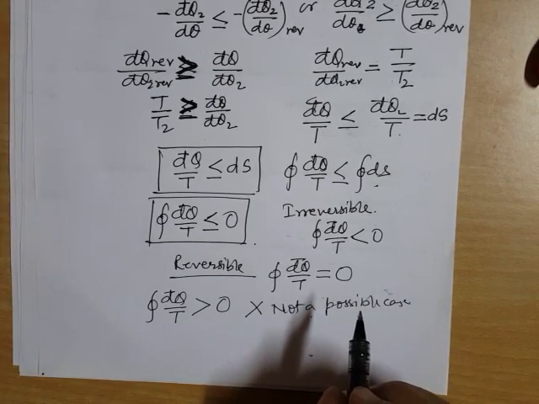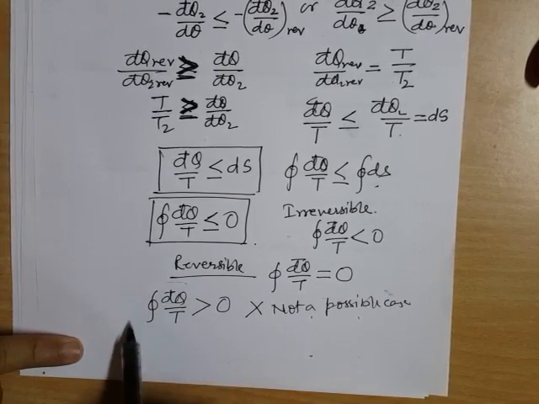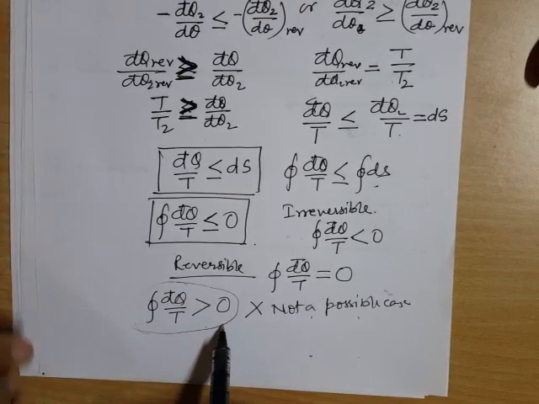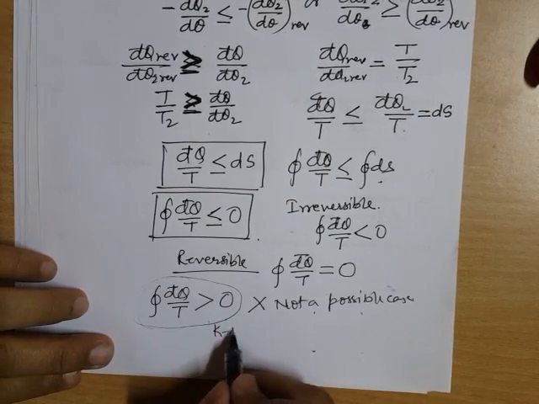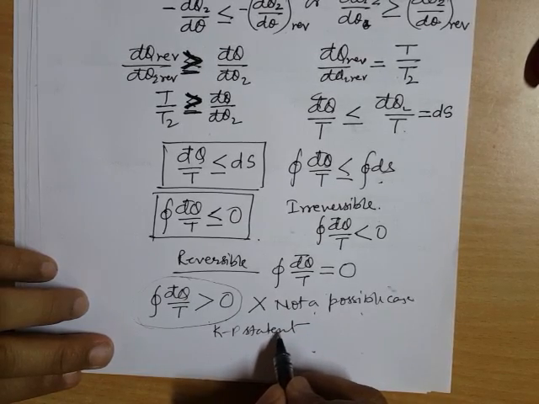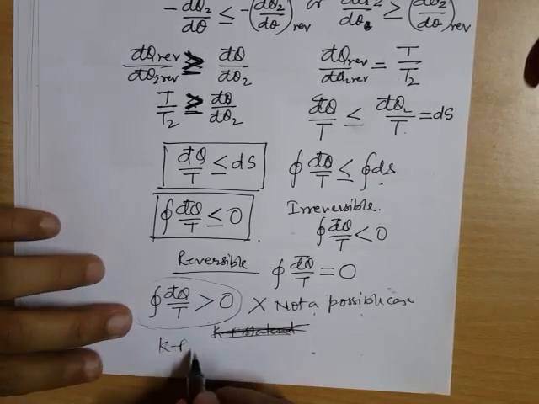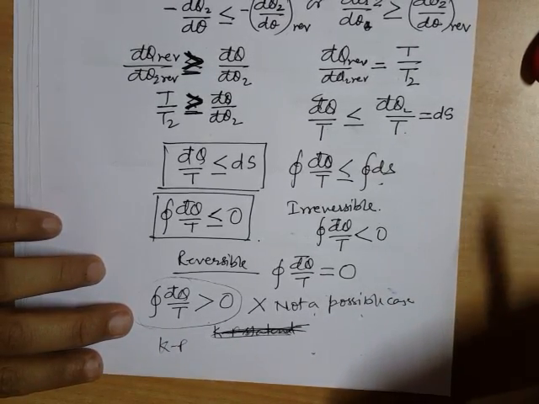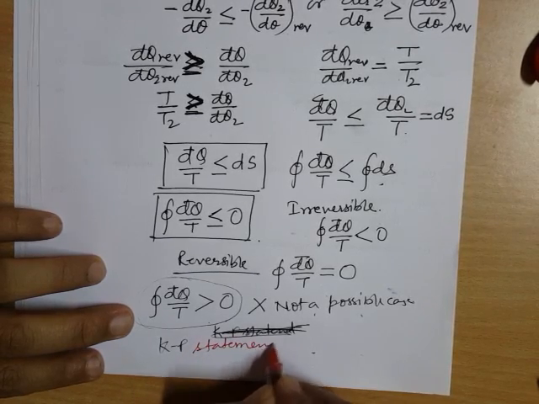That means if in any process the cyclic integral of dq by T is coming out to be more than 0, it is the violation of the Kelvin-Planck statement.